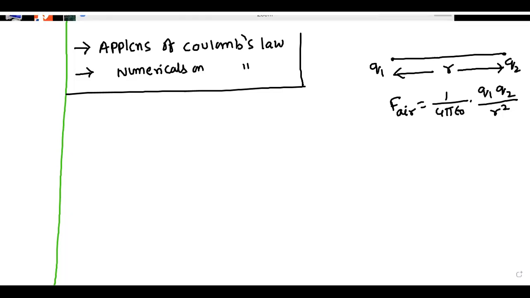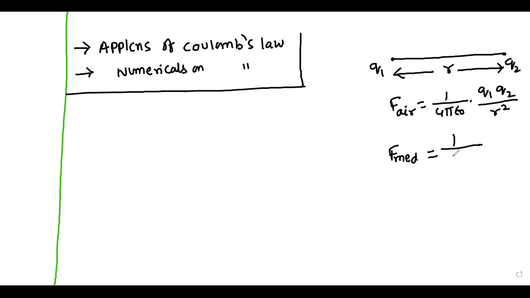Suppose it is placed in a medium, then I can write F medium. Instead of epsilon naught, we will write 1 by 4 pi epsilon times Q1 Q2 by r square.